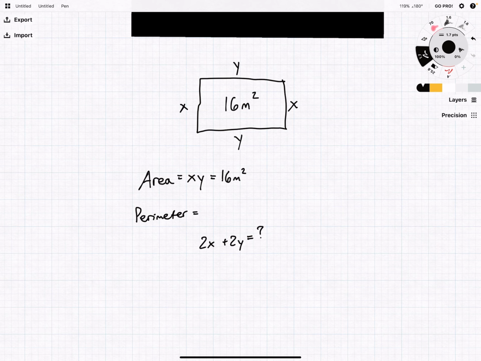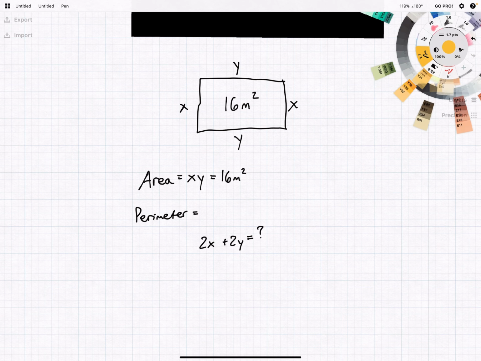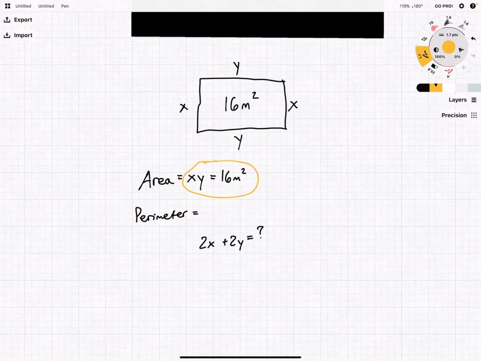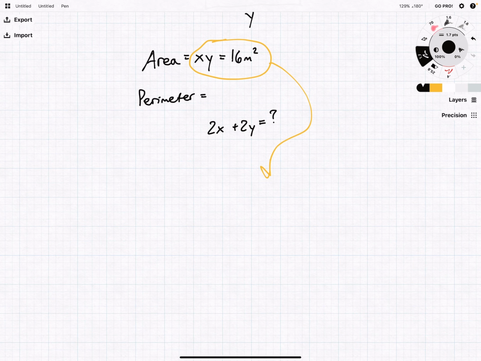So let's get this in terms of some variable. Let's take this area equation and bring it down, and we'll modify it a little bit. We have xy equals 16 meters squared.